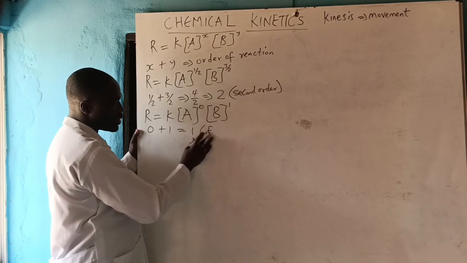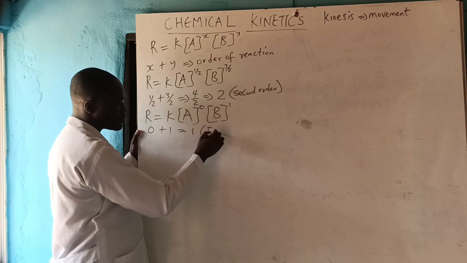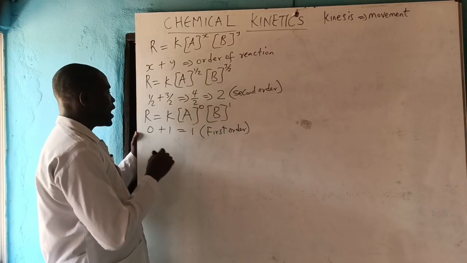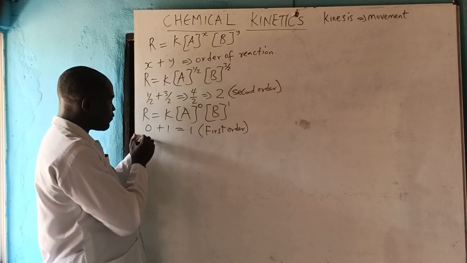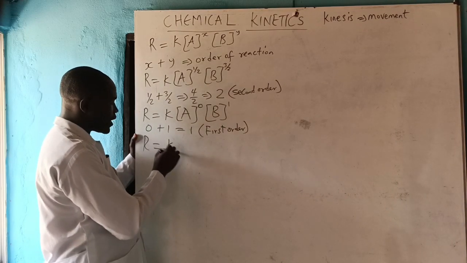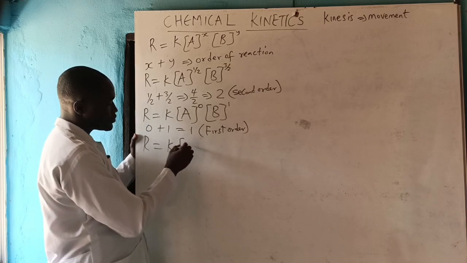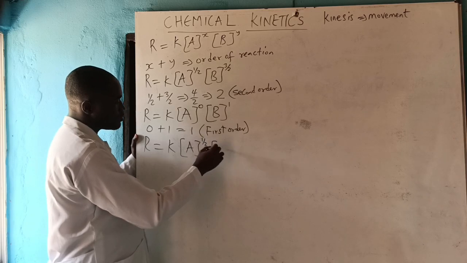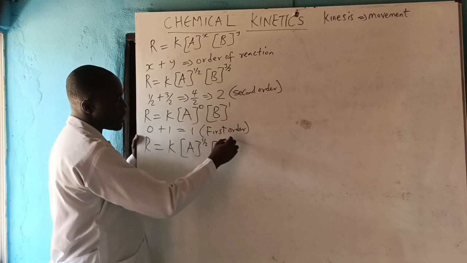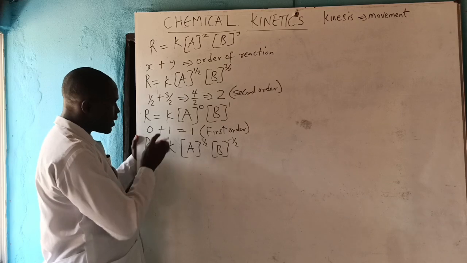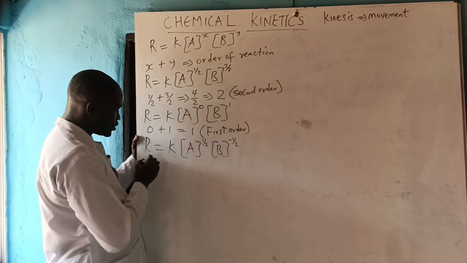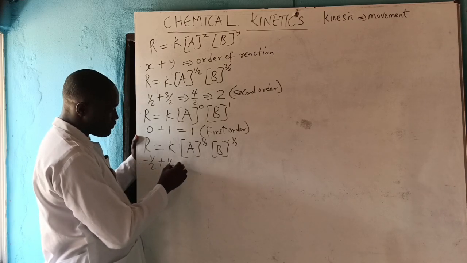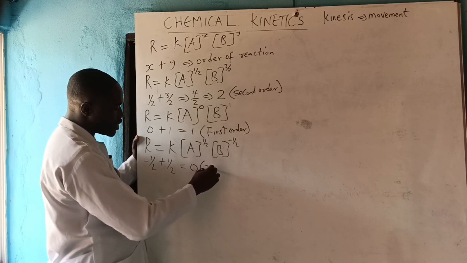That is first order. Then when you also have r equals k[A]^(1/2)[B]^(-1/2), you would tell them that x plus y equals 1/2 minus 1/2 equals 0. We'll call this zero order.